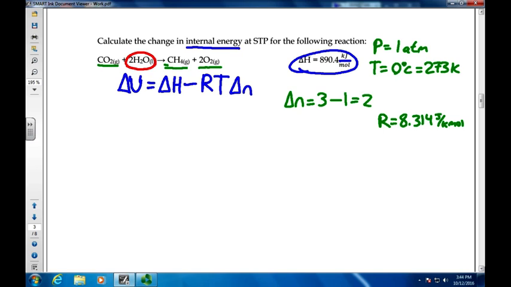So either we're going to change our delta H into joules, or we're going to want to change our R into kilojoules. Either one is valid. I'm going to go ahead and change R into kilojoules, and all you do for that is simply move the decimal over 3 spaces to the left. So it's also equal to 8.314 times 10 to the minus 3 kilojoules per Kelvin mole.